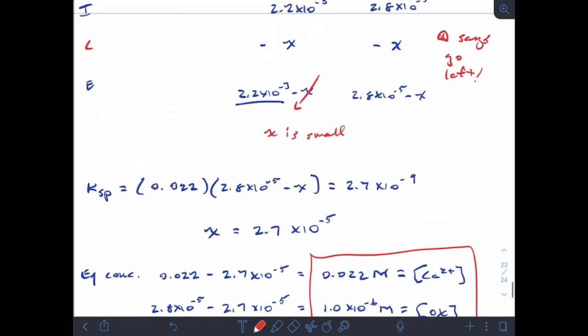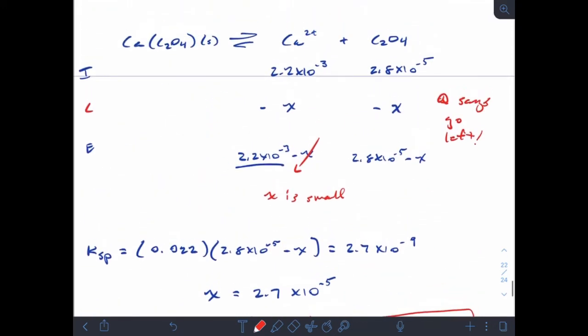Right? Now let's back up and take a look at what we have, because I want to make sure that this is very clear. So if I normally dash these out in the solid column, but if I didn't, I would say 0 for the starting concentration, plus x and plus x.